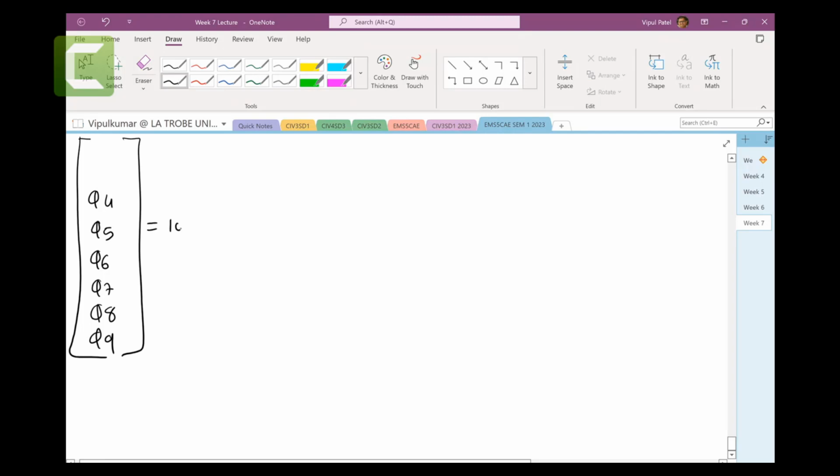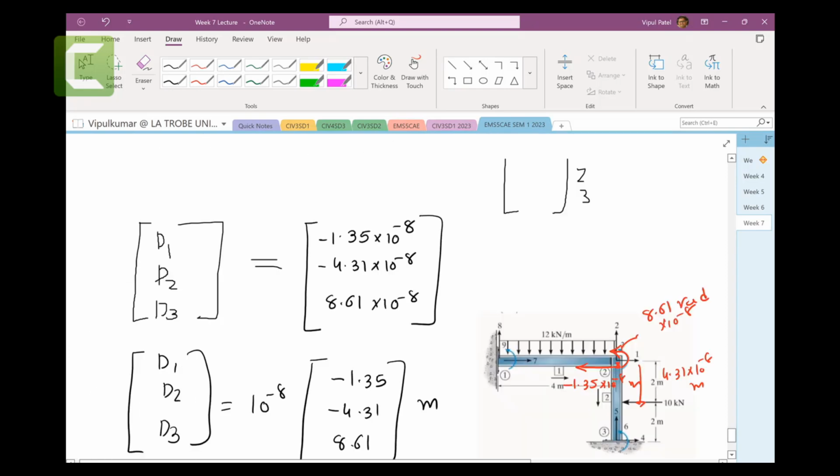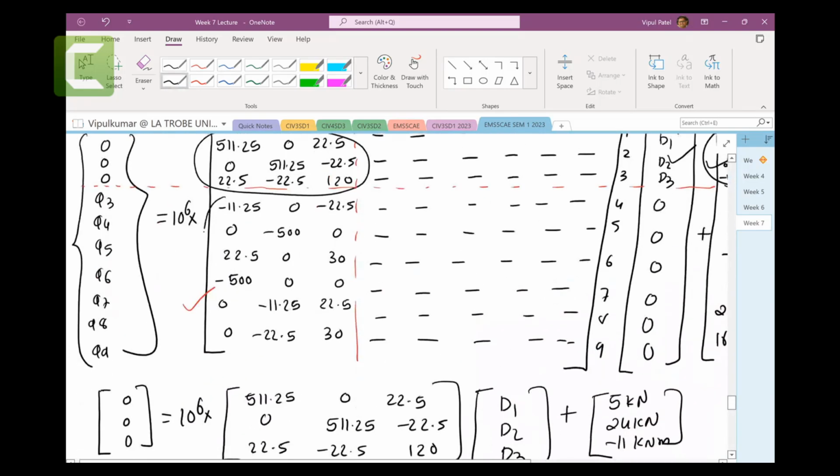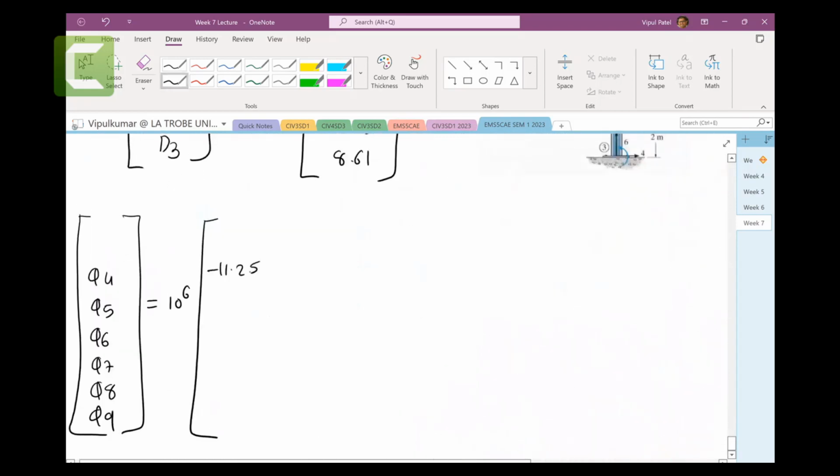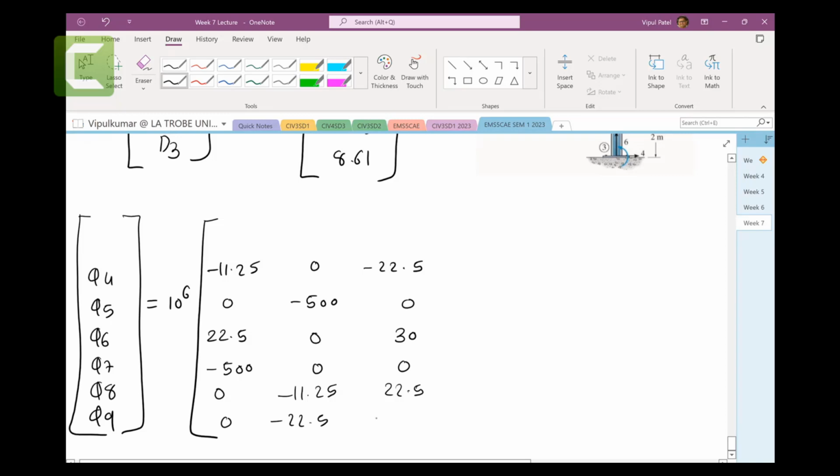Right, and then you have 10 to the power 6, and we are going to get all these values here: minus 11.25, minus 11.25, zero, minus 22.5, 0, minus 500, 0, 22.5, 0, 30, minus 500, 0, 0, 0, minus 11.25, 22.5, and 0, minus 22.5, and 30.